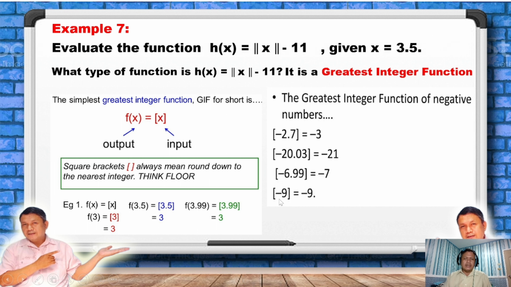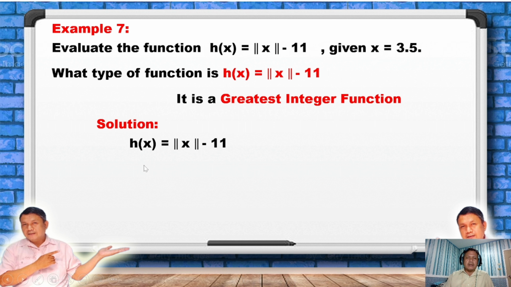So, another example tayo ng greatest integer function. Okay, what type of function? Sabi natin, it is the greatest integer function. H of x is equal to the greatest integer of x minus 11. So, ano ang ipapalit natin na value ni x? That is 3.5. So, therefore, h of 3.5 is equal to the greatest integer of 3.5 minus 11.